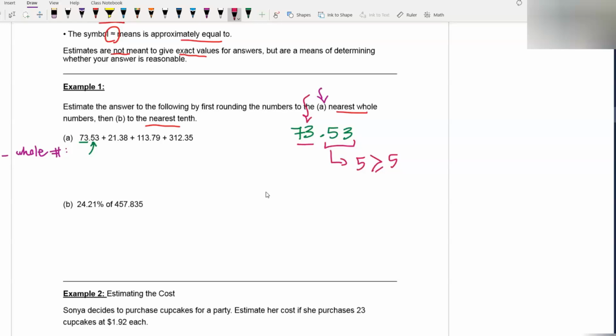That means we have to add 1 to this, and the answer is 74. So here we have 74 plus 21.38. This 3 is not greater than or equal to 5, so no change to this part.